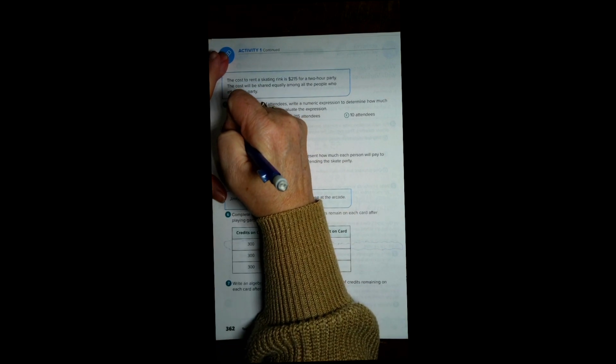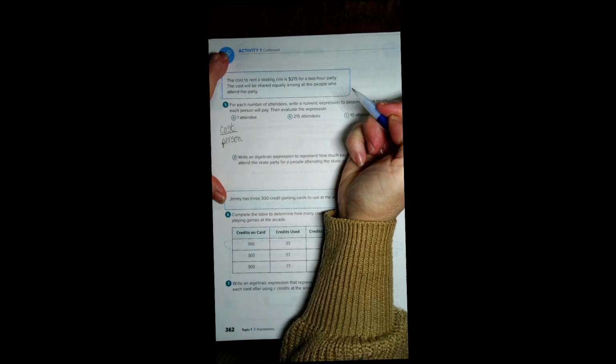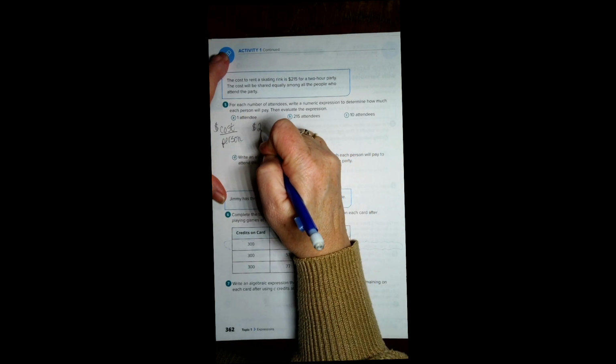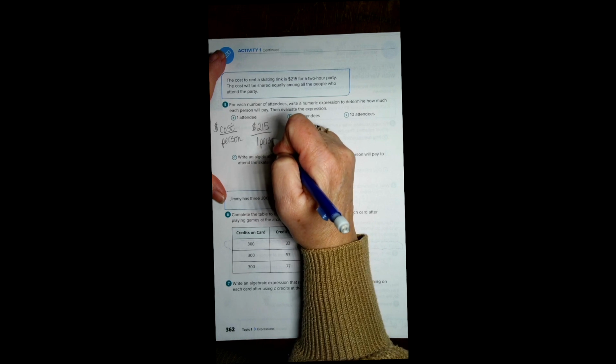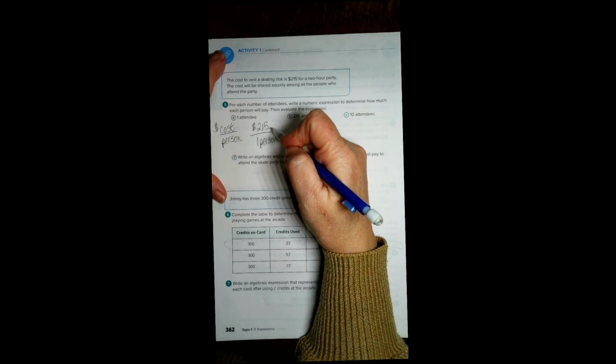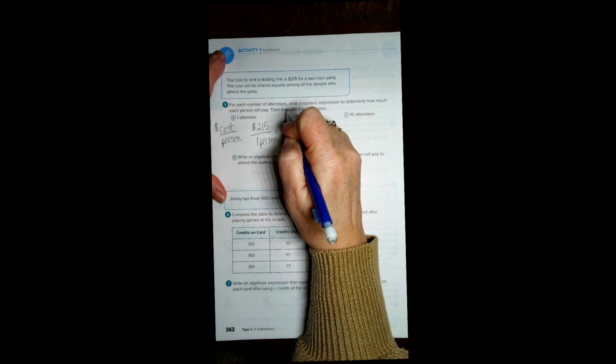So for each of these, we're going to set up our ratio as cost per person. Because remember, we put money in the numerator in most all instances. So $215 per 1, well, we'll say 1 person. And then when we evaluate it, 215 divided by 1 is that person pays $215. Okay, and letter B. So what if there's 215 attendees?